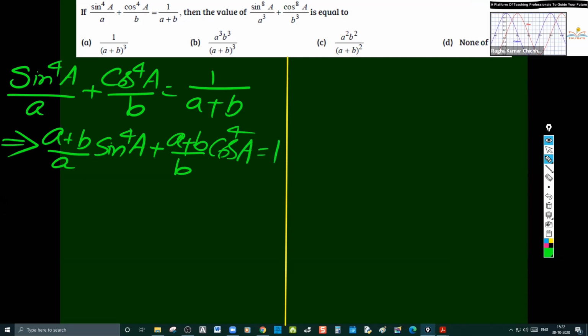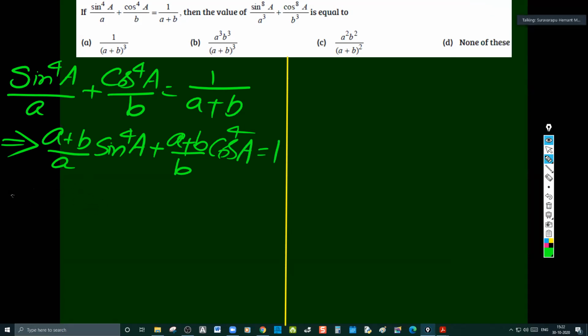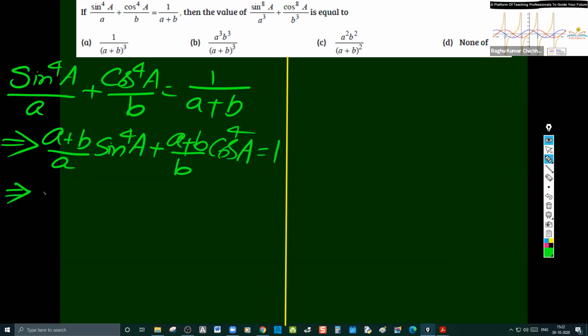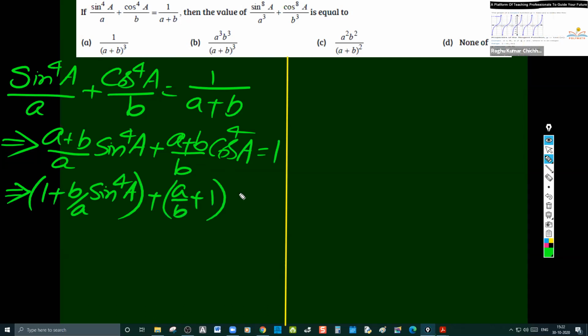Accept this, please. Then I'll move to the further step. Accepted, sir. Now, let's split it, please. A by A, 1 plus B by A, sin^4, plus A by B plus 1, cos^4, is equal to 1.